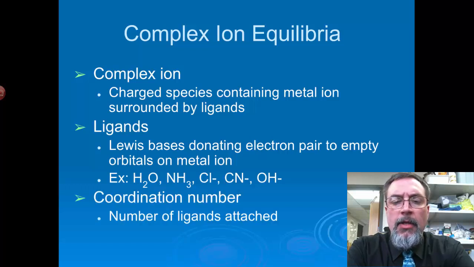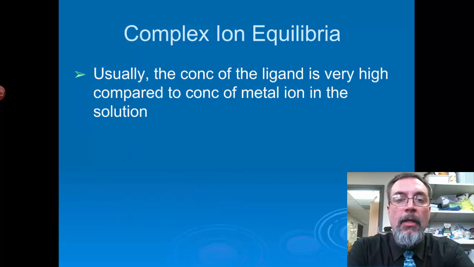Coordination number is the number of ligands attached to this metal ion. Now, typically, complexes follow the familiar shapes that you would get in VSEPR theory, and the size of the ligand is going to determine how many can go on there, and their orientation will be maybe tetrahedral or octahedral or trigonal bipyramidal, depending on how many are on there.